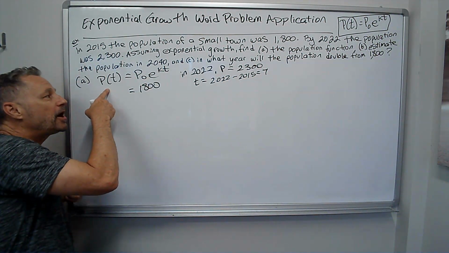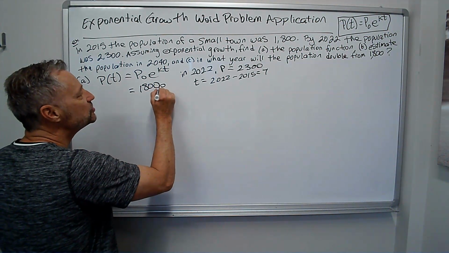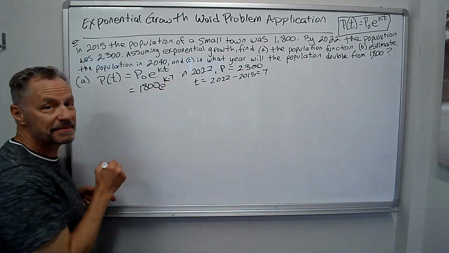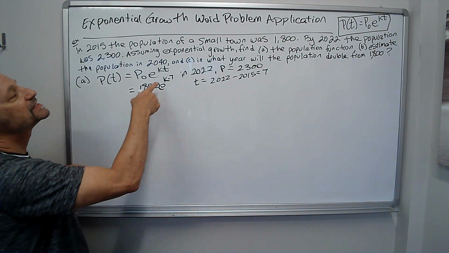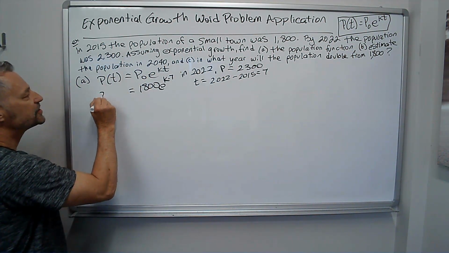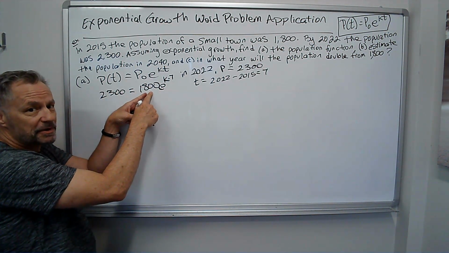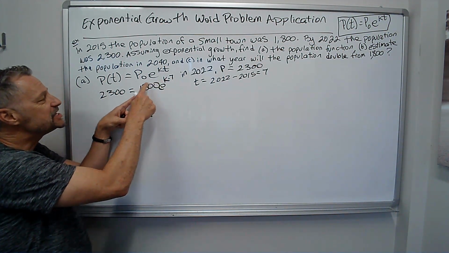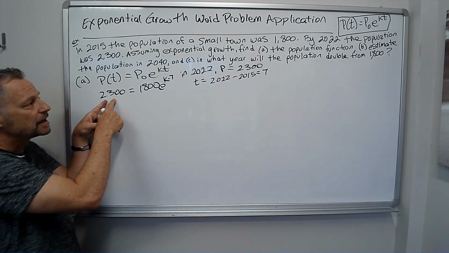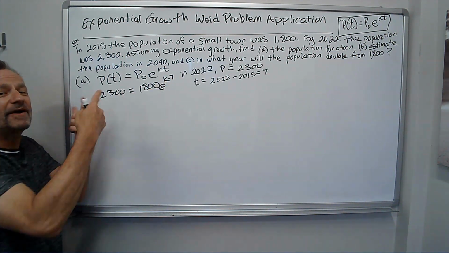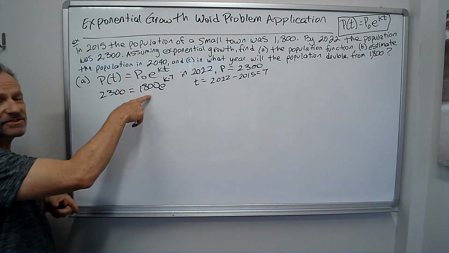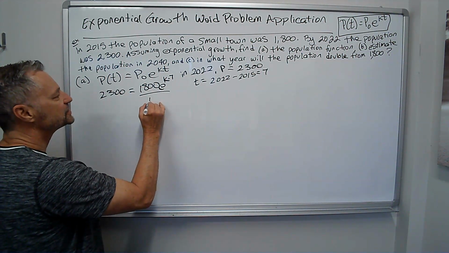So I still don't know k, but I know that at time 7 years the new population was 2,300. So that's what I do: my starting population, and in 7 years, my ending population. I can use that to find k. I'll find that to 3 decimal places. Let's solve that for k. So I'm going to divide both sides by 1,800.